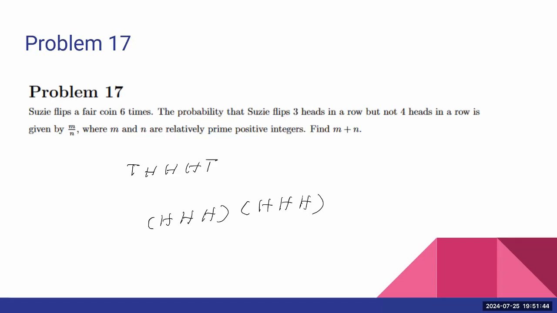So basically, we only have this option for overcounting, and this gives us 6 heads in a row. If this is 6 heads in a row, then it's not 3 heads in a row anymore. It's just 6 heads in a row. So this case doesn't even work. Therefore, there's no overcounting we have to worry about. We can just do casework on where the 3 heads are.